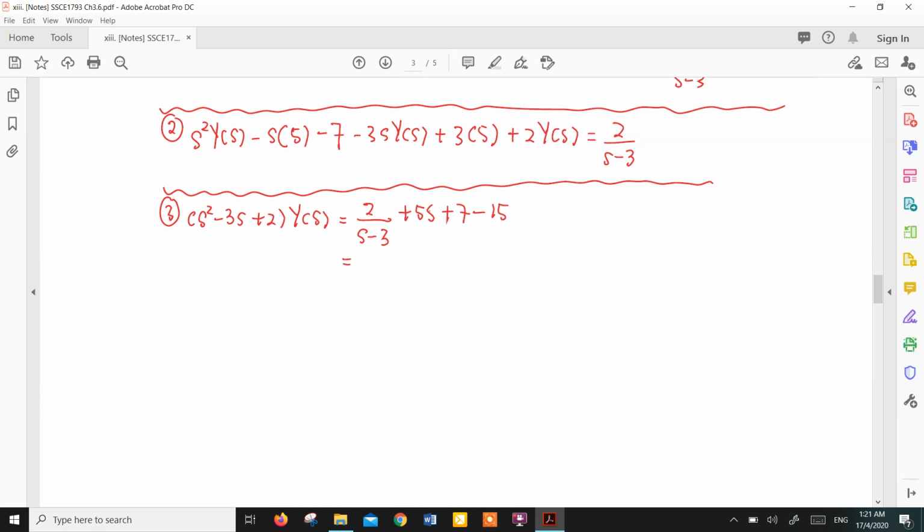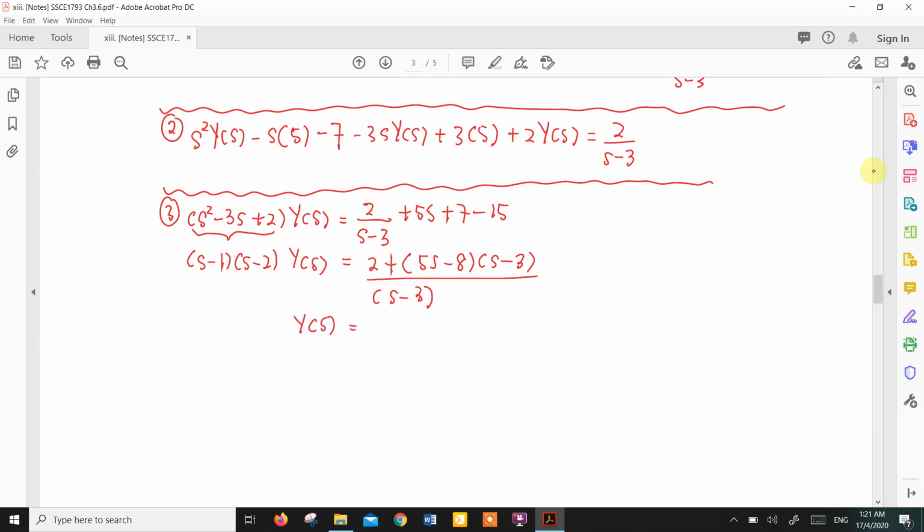Then you factorize this part, and you will get (s minus 1)(s minus 2) Y(s) equals 2 plus (5s minus 8) times (s minus 3), over s minus 3.